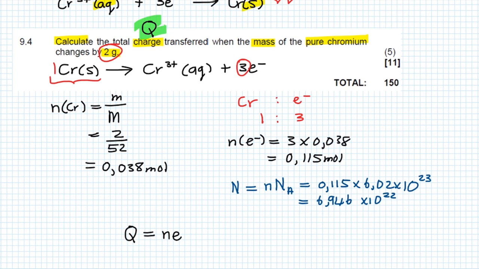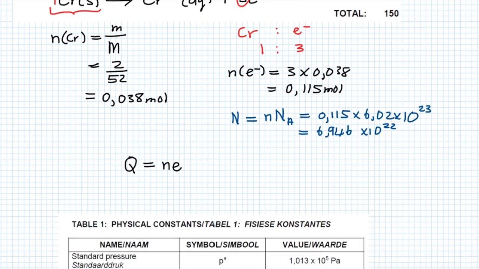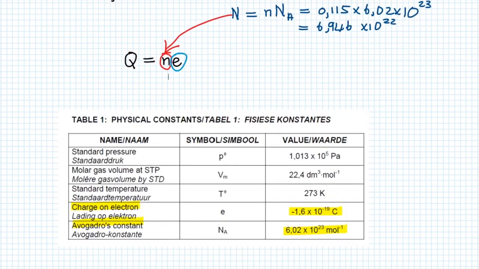So Q is equal to N multiplied by E. This N in the physics section was the number of electrons, so this number that we just worked out. The E value we know we can find in the table of physical constants. That is the charge on an electron, given as negative 1.6 times 10 to the negative 19.